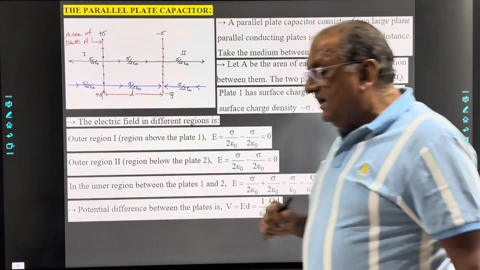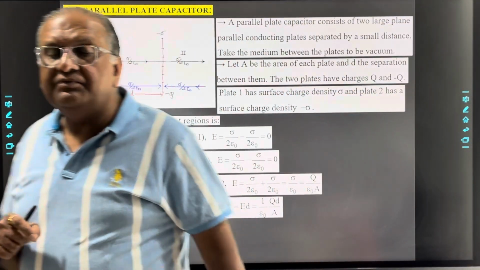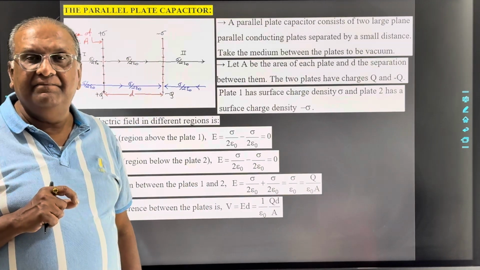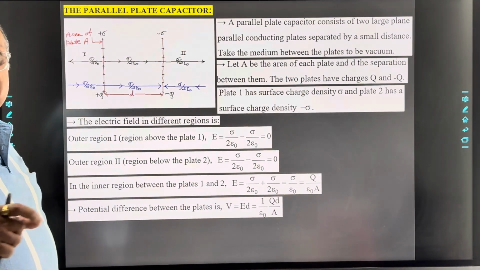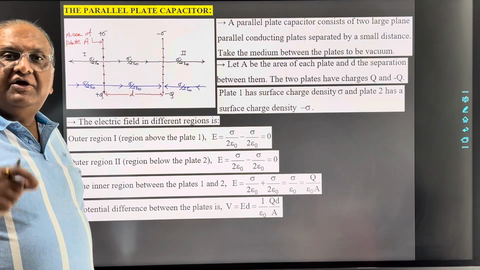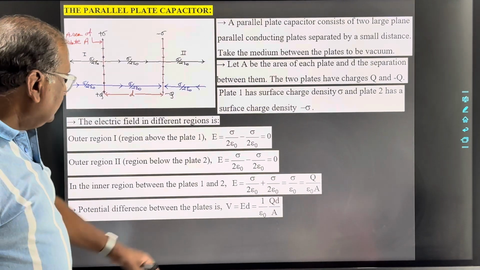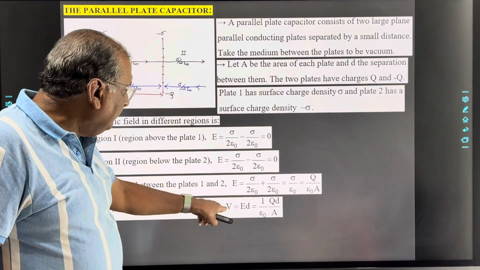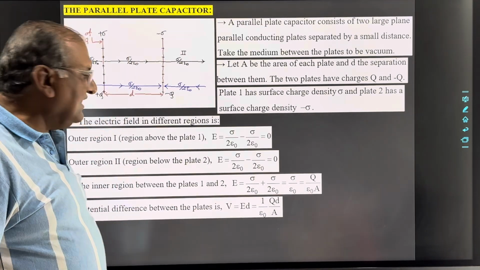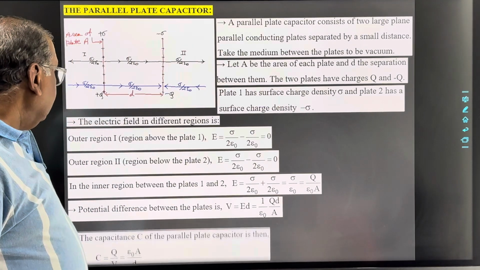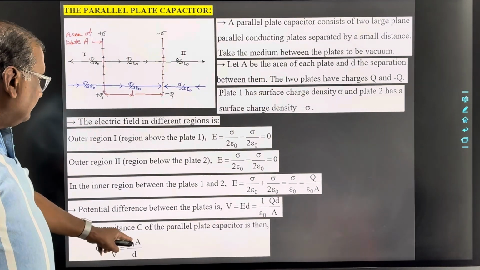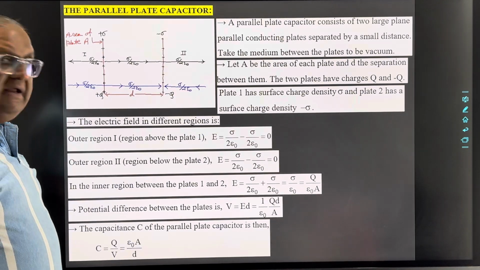Now, as per the definition of capacitance of a capacitor, capacitance C is Q by V. So if we take Q by V from this equation, the capacitance will be epsilon 0 A by d.